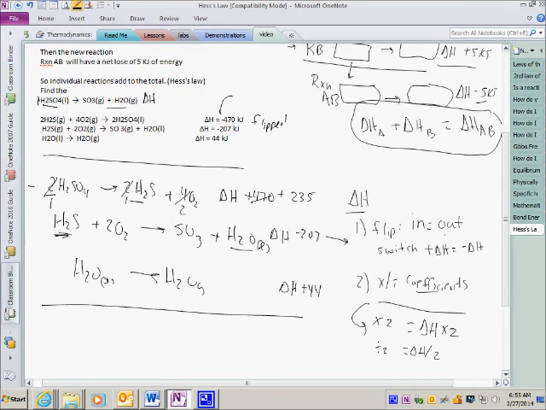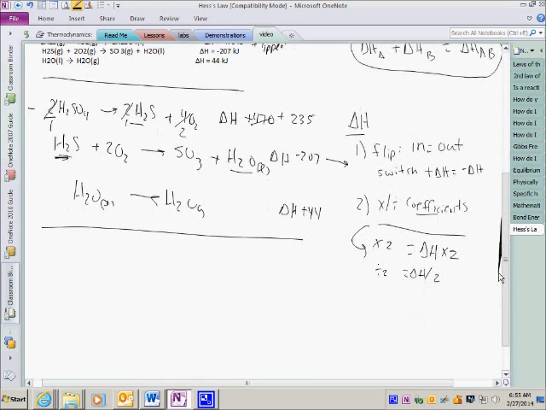At this point, I'm fairly satisfied that this reaction is going to add up to the overall. If you need to have it written out, you can. 2H2SO4, well, we did one of those. This one is going to cancel with this one. You can write it down if you want.